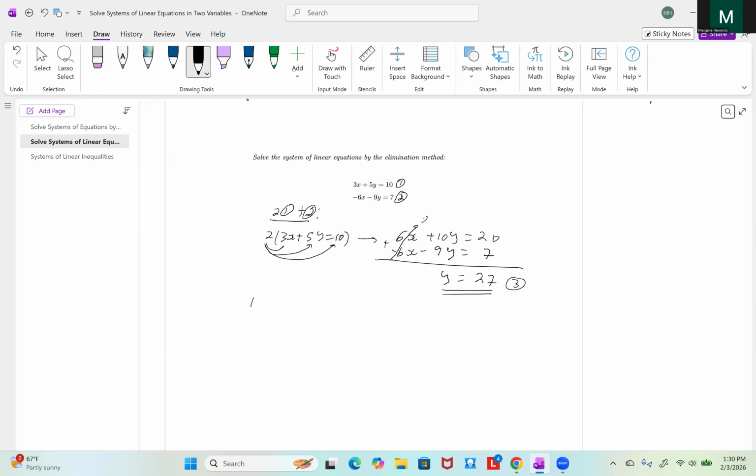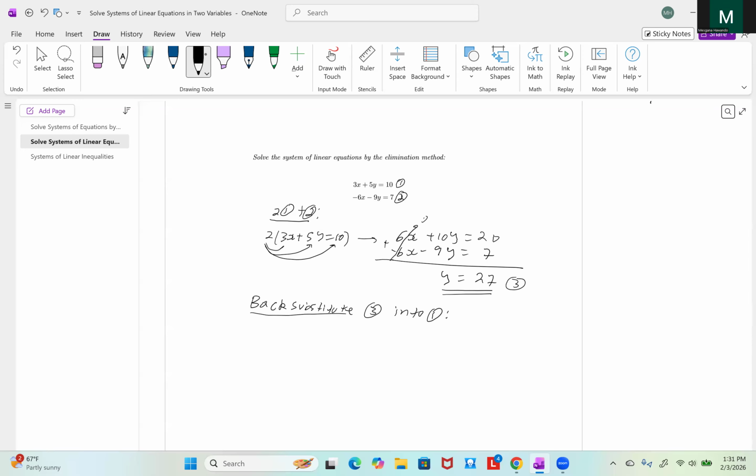We then back substitute equation 3 into equation 1 or 2, you can choose. Let's choose equation 1, since it has smaller numbers. We have 27, which is a large number. It doesn't matter as long as we use a calculator.